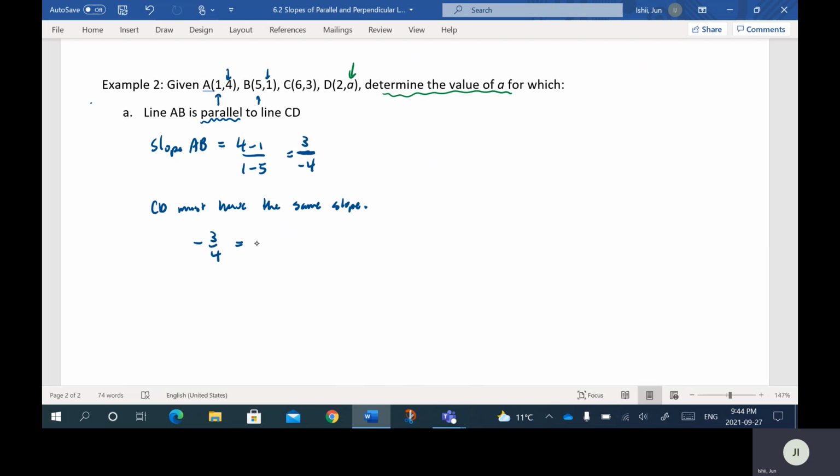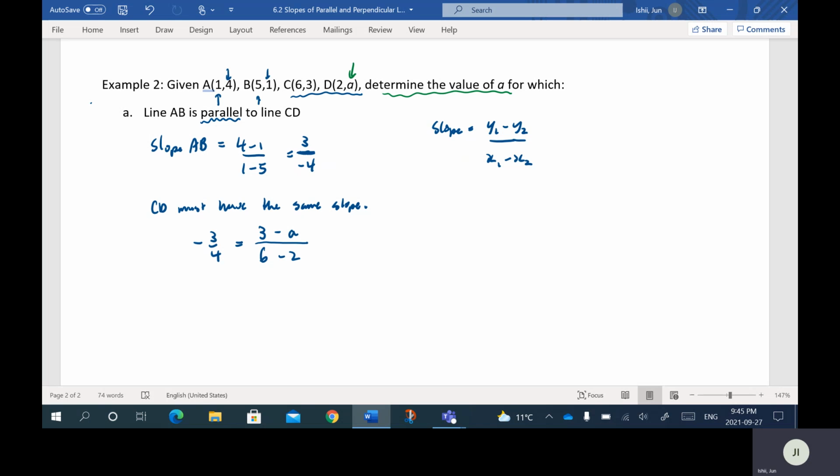On the other side, I'm going to use the slope formula, y1 minus y2 over x1 minus x2, and plug in these values. The y1 we'll call 3, y2 we'll call A, and then the x values are 6 and 2.